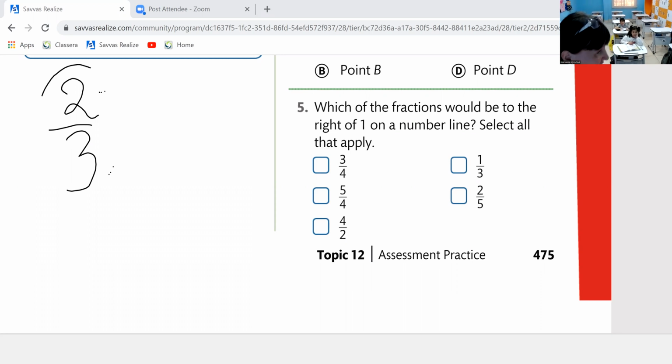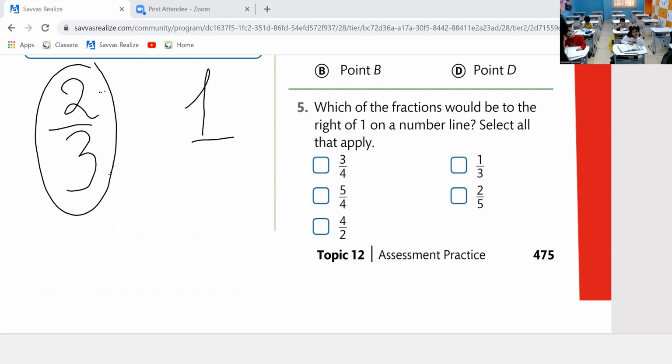When this fraction is less than 1 or greater than 1? Less than 1. Why? Because the one is the whole. And what is the rule?